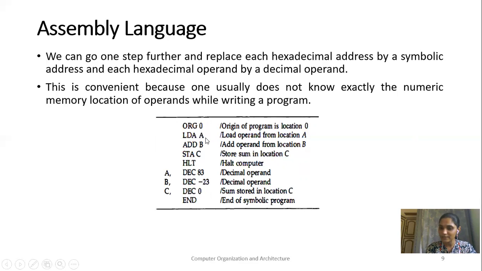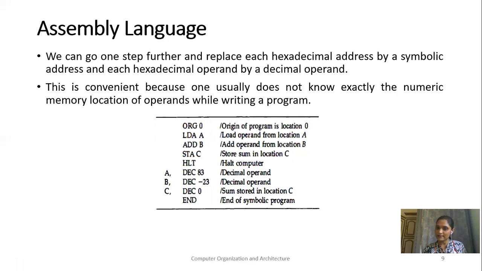You have to compulsorily store this label, so that whenever you require data, or whenever you are calling this address, this address should be anywhere in your memory, but it should be there. So you have to store these A, B and C labels, and at that label your operand is stored.